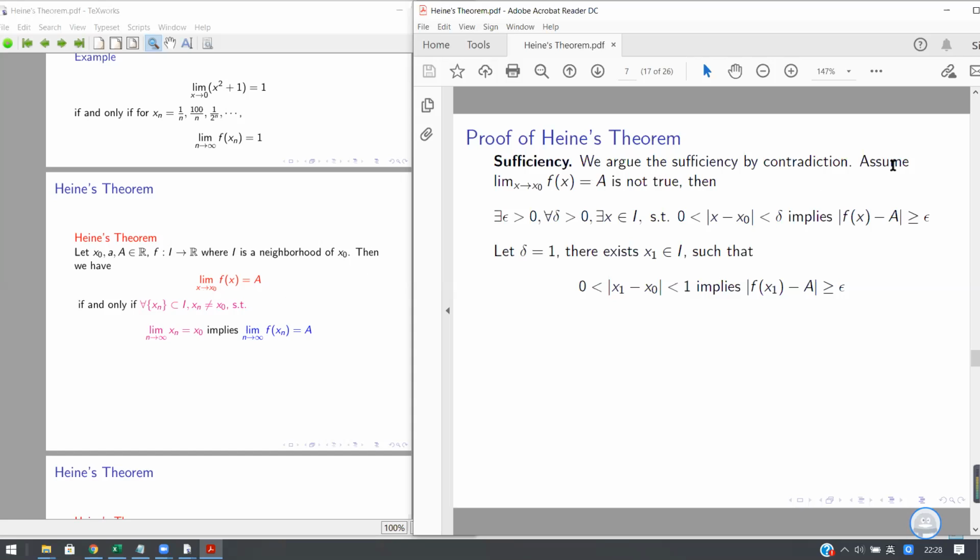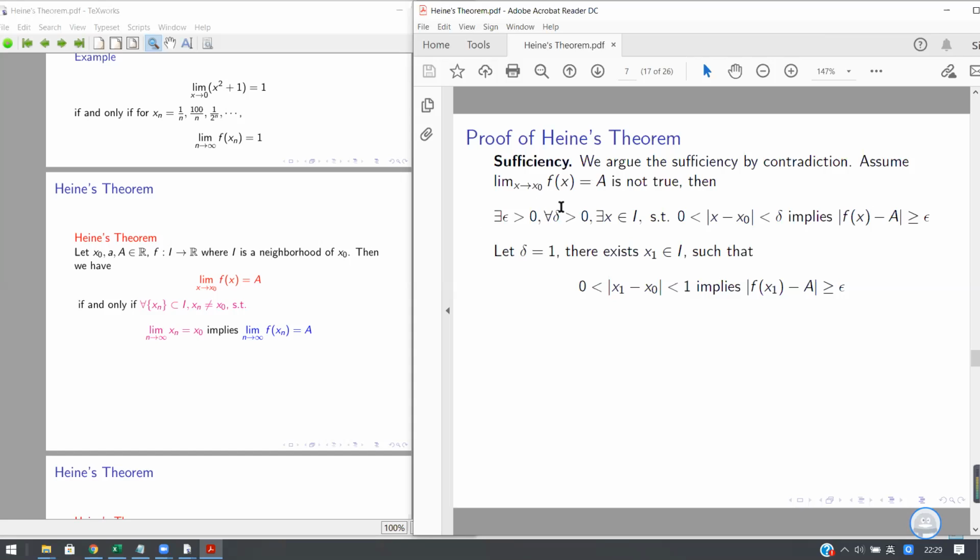According to our logic, if this red limit is not true, then we substitute every for all with there exists, and every there exists with for all, right? And we have this kind of proposition.